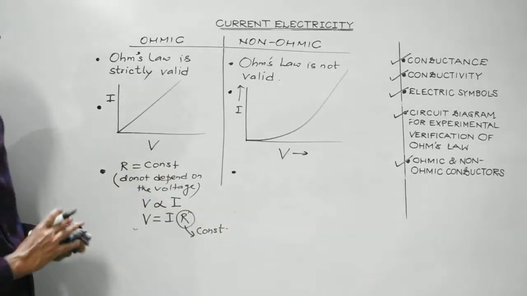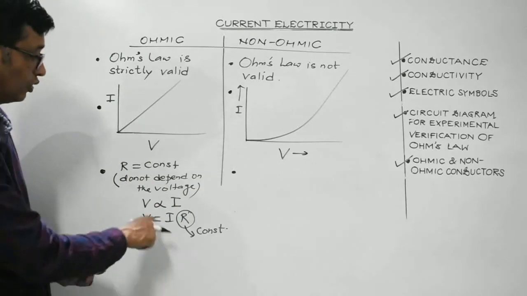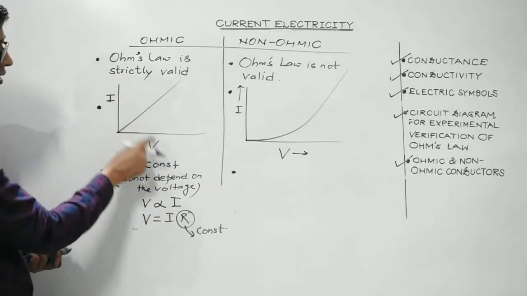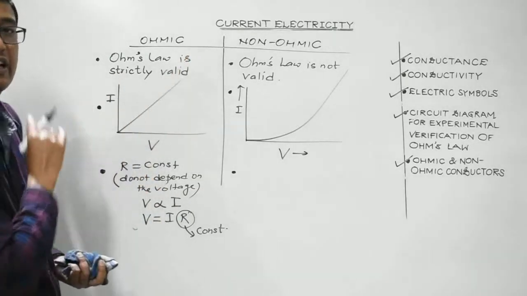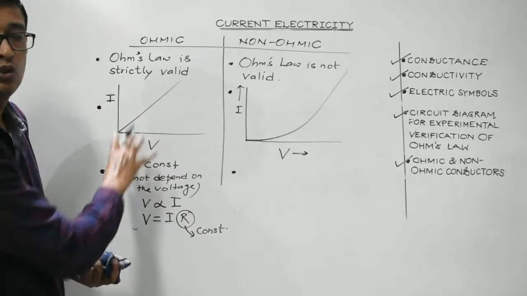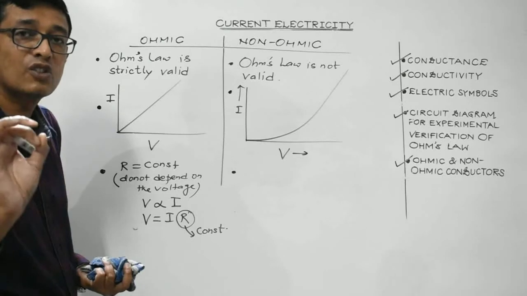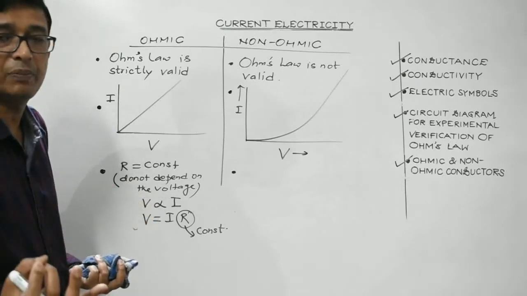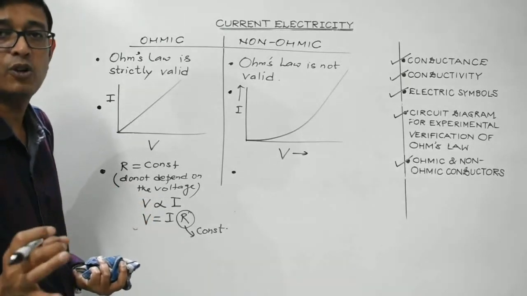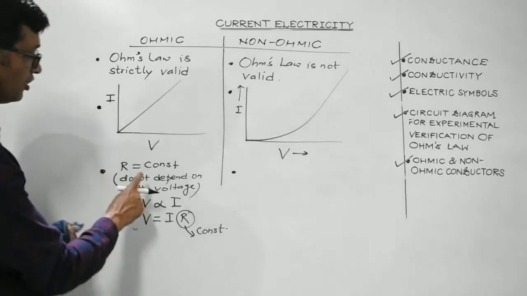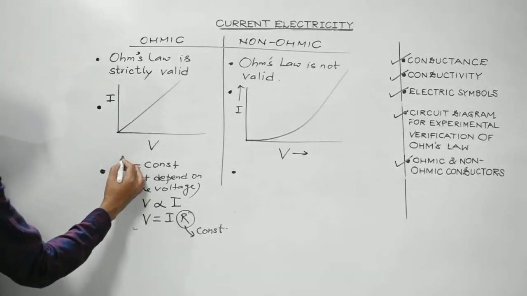It is the constant of proportionality. This is only possible when the graph between V and I is a straight line. So in the case of ohmic conductors, the resistance remains constant as it does not depend upon the applied voltage. And such a resistance, student, is known as static resistance.